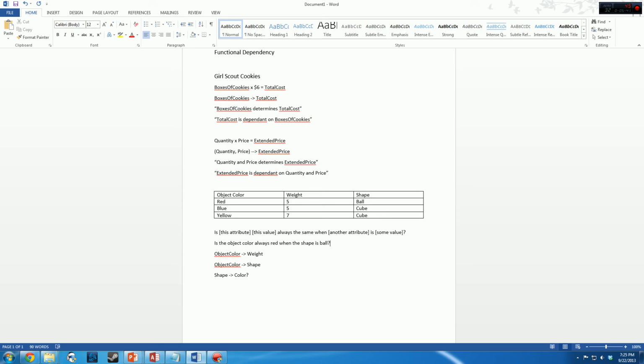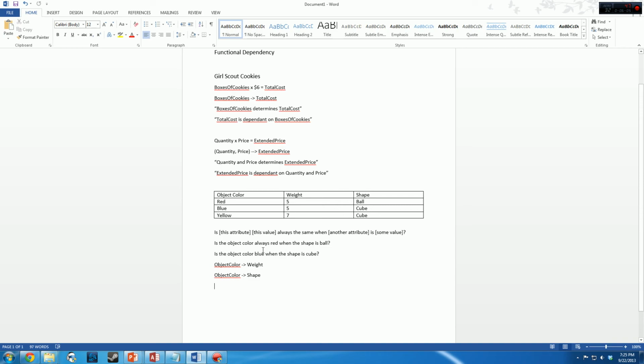Well, let's think about other examples. Is the object color always blue when the shape is cube? This is the exact same determinant. If I say cube, will you say blue? Well, let's see. We have a yellow cube here too. So no, this is no good.